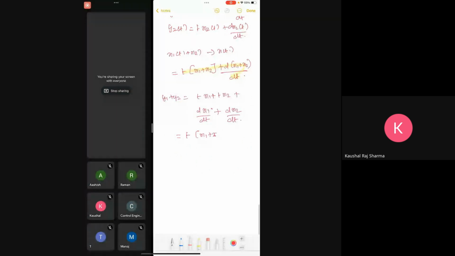Plus d by dt of x1 plus x2. Okay, this satisfies. These two equations look the same, so superposition is satisfied.